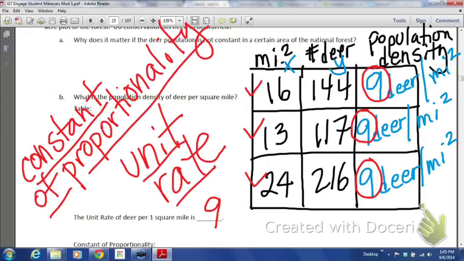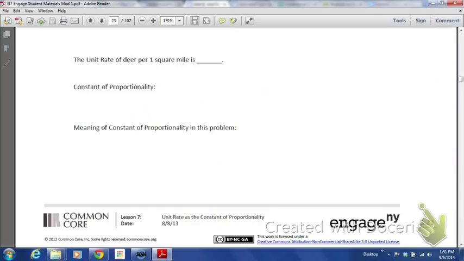The constant of proportionality is going to become more important when we talk about that relationship between x and y. We'll talk about that relationship again as y as a function of x. Okay, so moving further down on your paper, we've already identified the unit rate of deer per 1 square mile as 9. Now constant of proportionality, if we were going to make an equation out of it, we would say k.